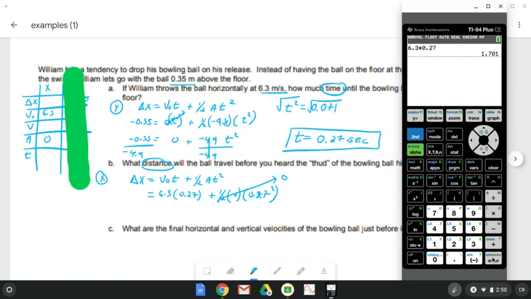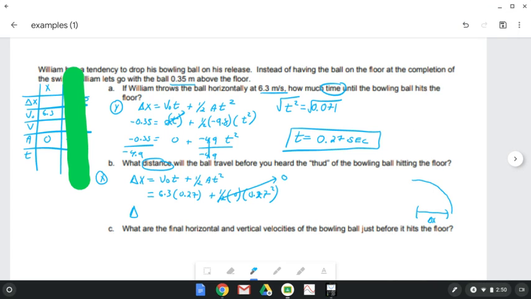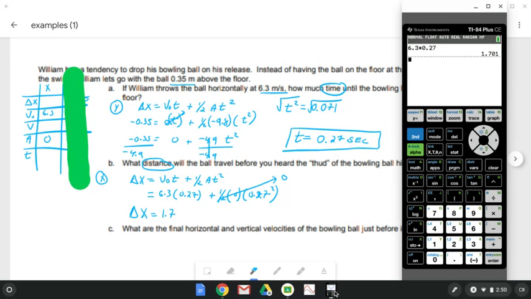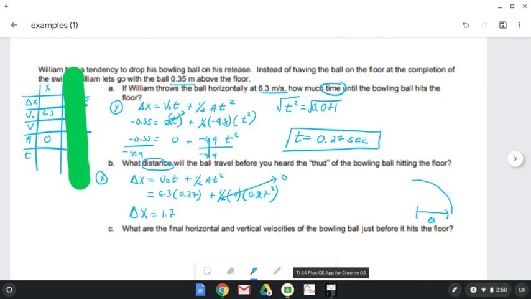It equals delta x is 1.703. Is it 1.70301 meters?